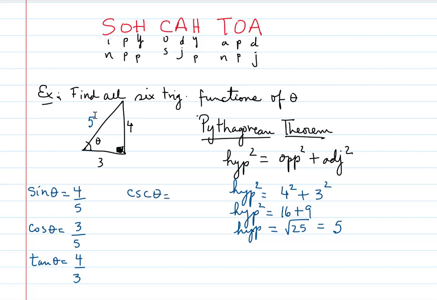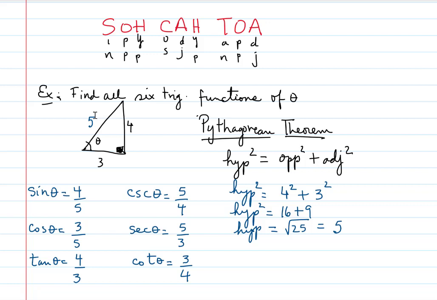Just remember, cosecant is the reciprocal of sine, so that's 5 over 4, hypotenuse over opposite, and secant is the reciprocal of cosine, so it'd be 5 over 3, and then cotangent would be 3 over 4.